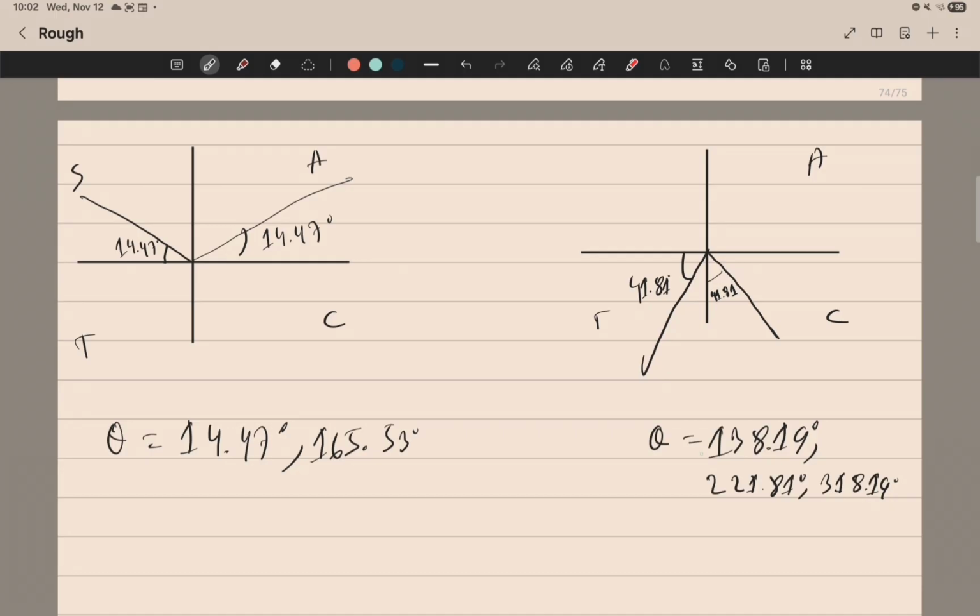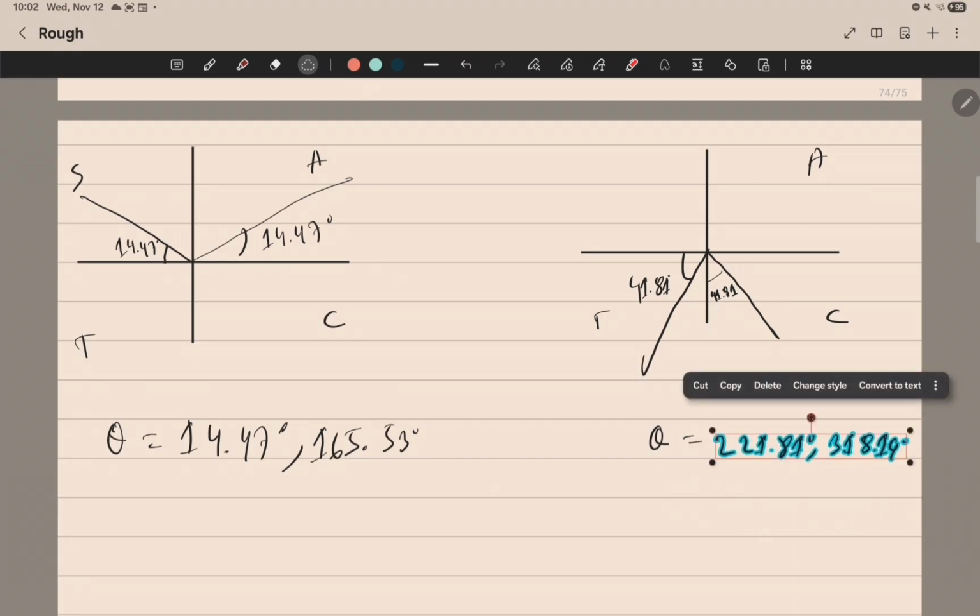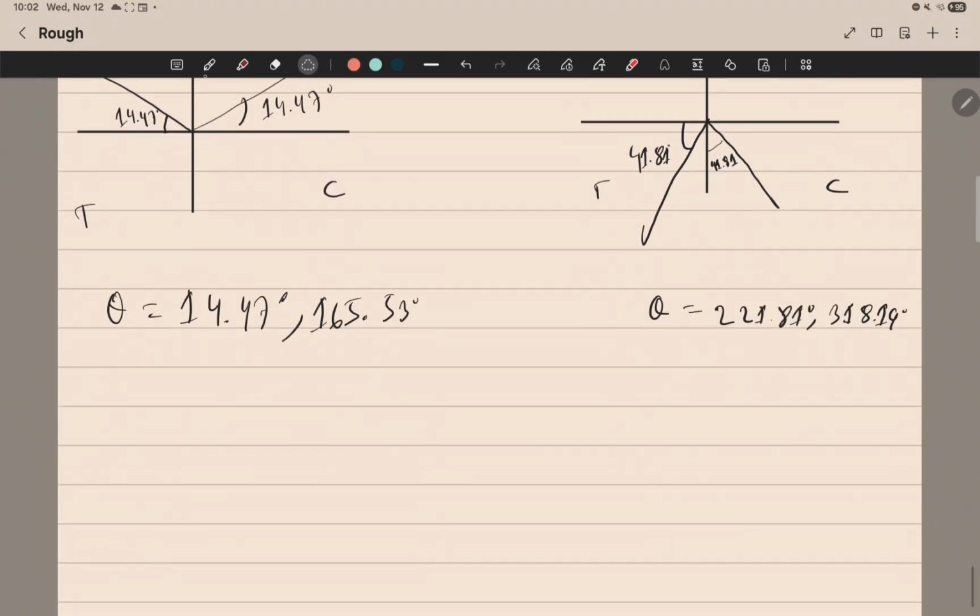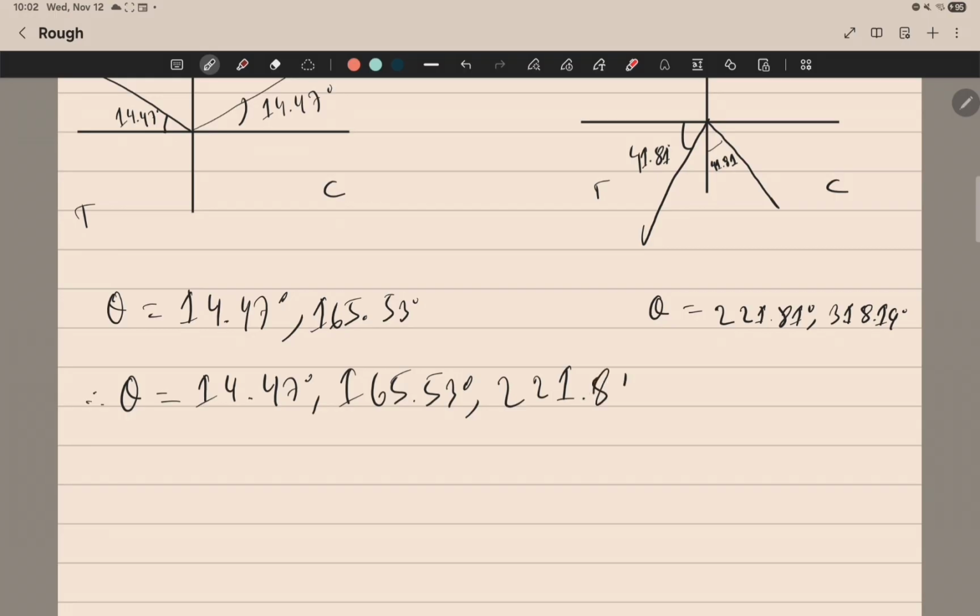No, it won't be part of the answer. So the final answer: 14.47 degrees. Let's go in ascending order. That's not in ascending order anyways.